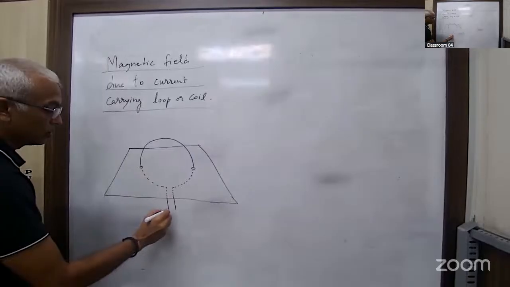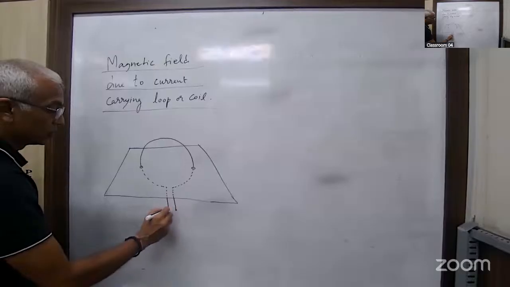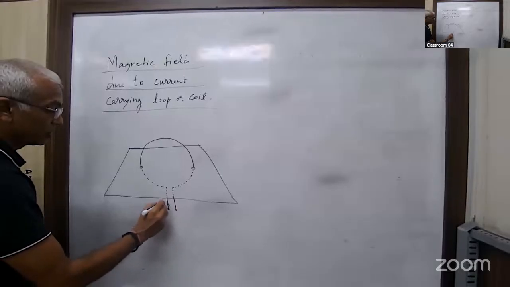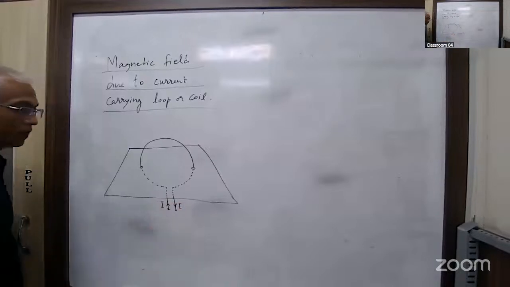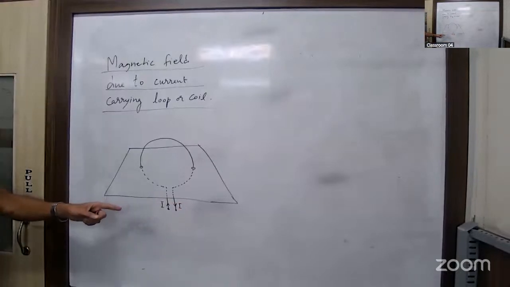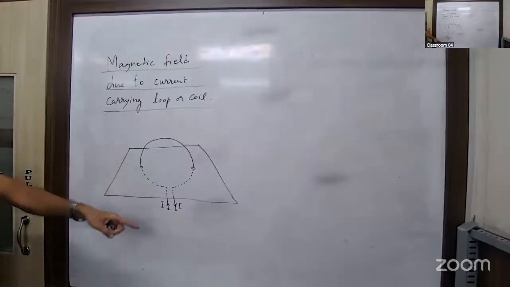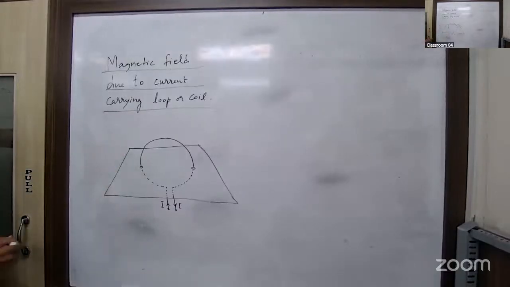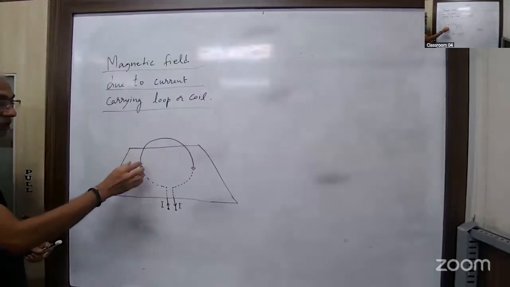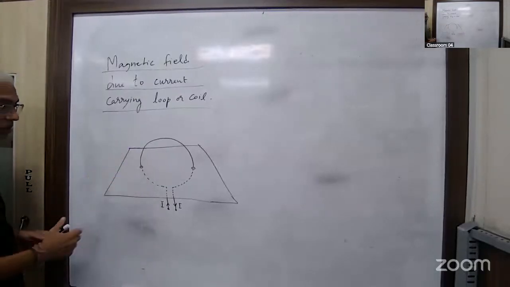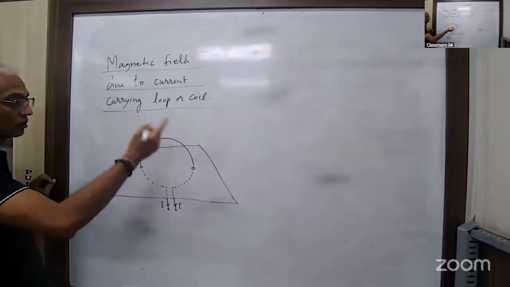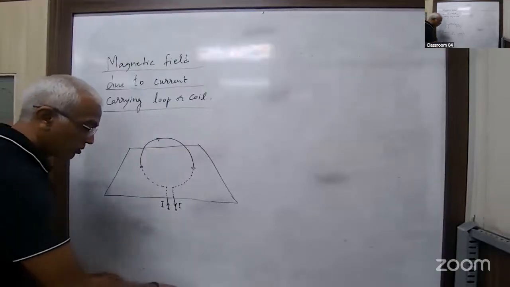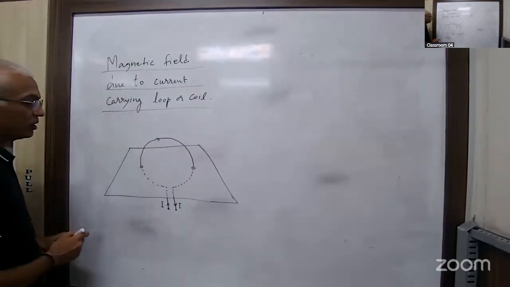Okay. Now pass current into it. Let us say we have connected the cell such that current is entering from this side and leaving from this side. So now in the plane, how will the magnetic field be formed? Concentric circles. So how is the current flowing? Clockwise, right? Clockwise. So what will be the magnetic field formed here?